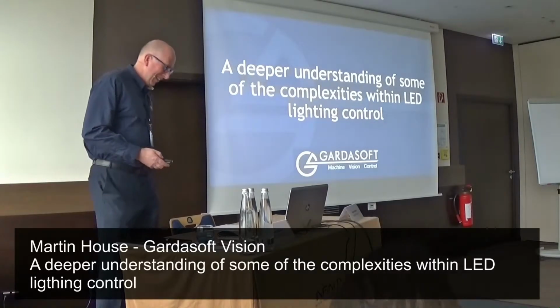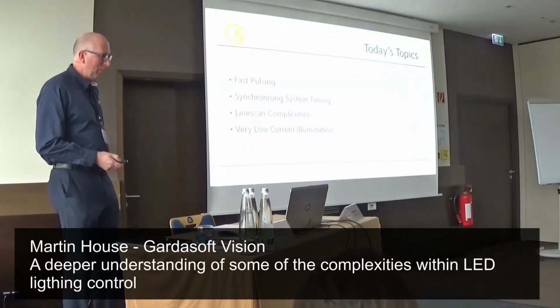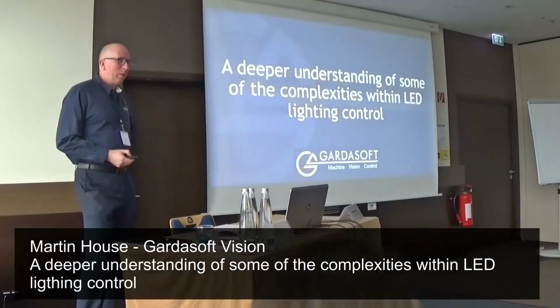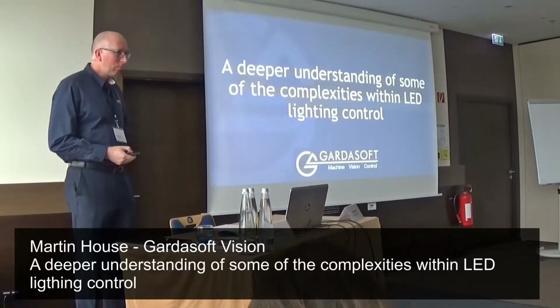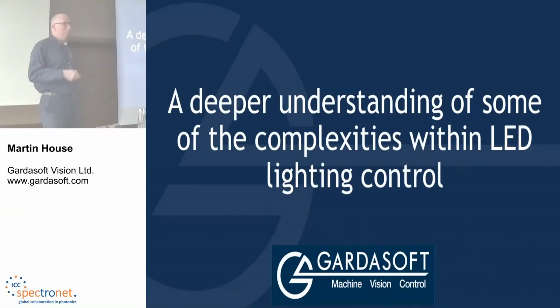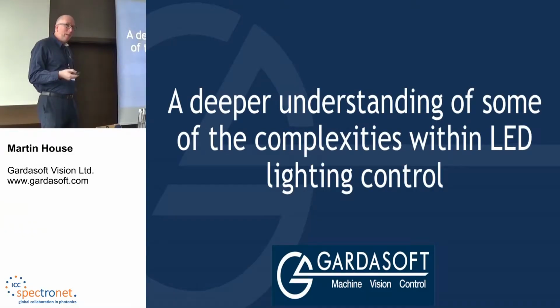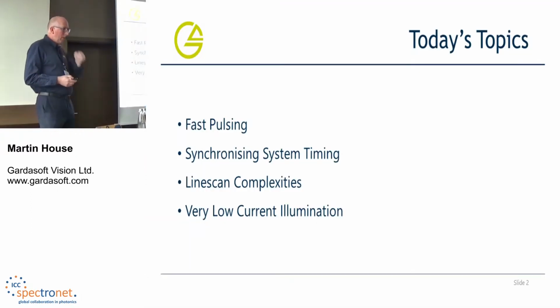So sorry. This presentation is going to give you hopefully some ideas about some of the more complicated things in lighting control. We're going to look at 4 areas. We're going to look at fast pulsing.